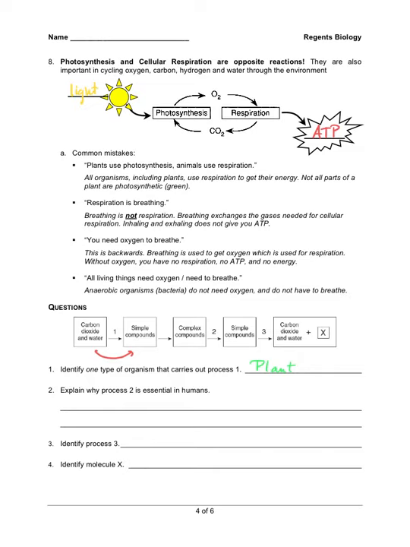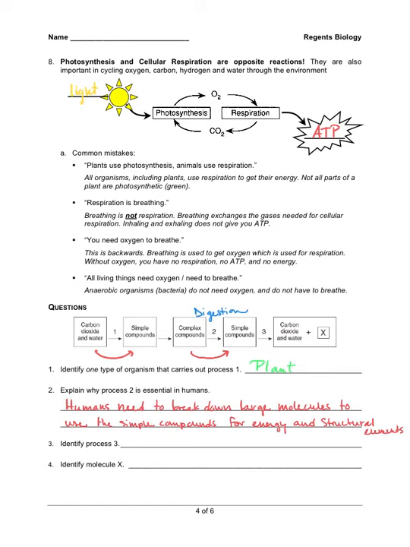Process number 2 here is making complex compounds into simple compounds. That's important to humans because humans need to be able to break down large molecules, and then they are broken into smaller molecules that are used for structural purposes and also to extract energy.